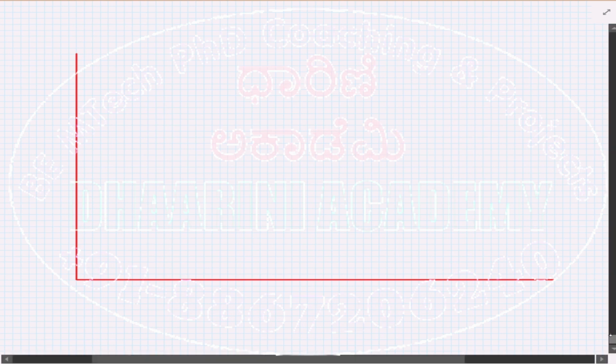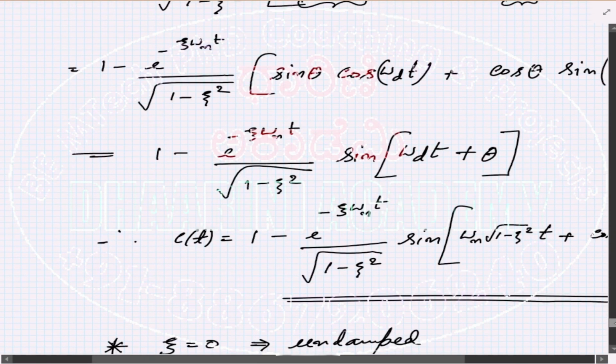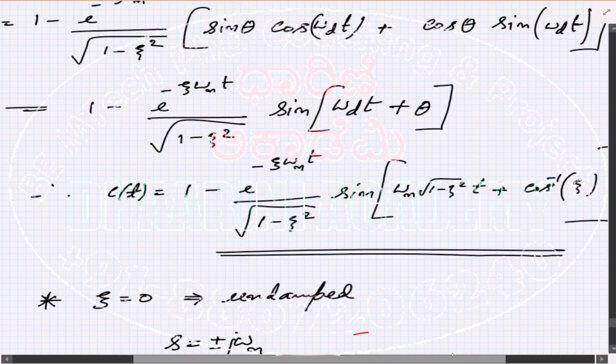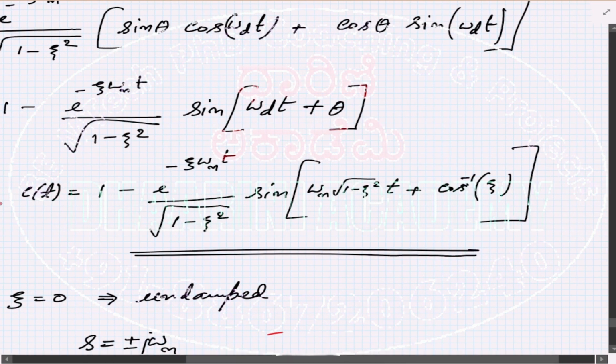Now let's look at the graph first. Before drawing the graph, let's go back to the equation. If this is the C of t which I want to plot, clearly there are two different functions. One is e to the power this term. This part is called a decaying exponential, correct?